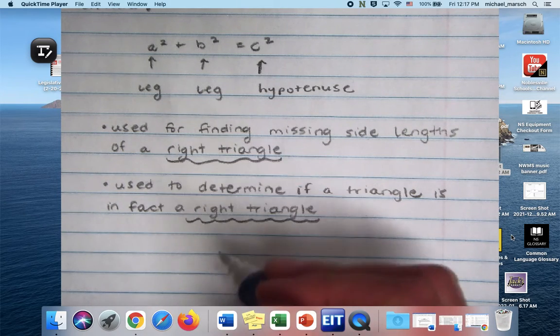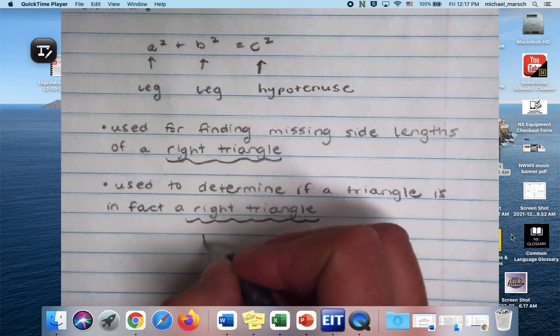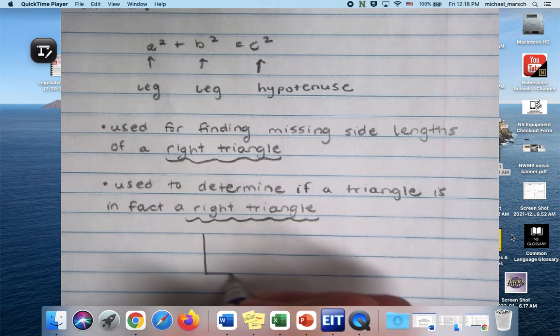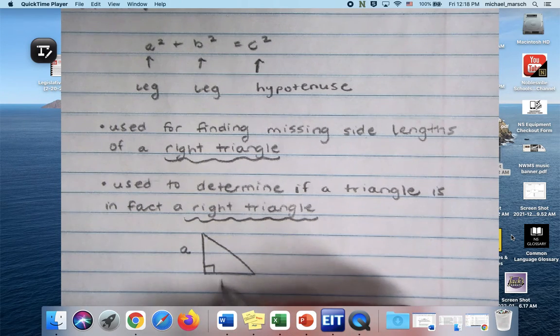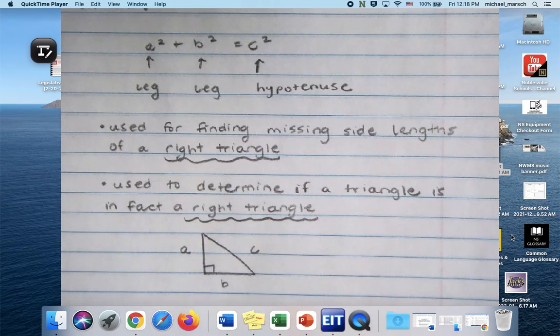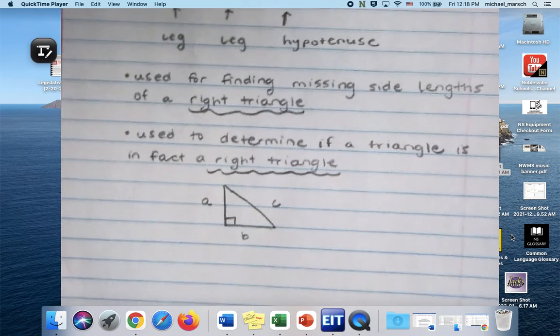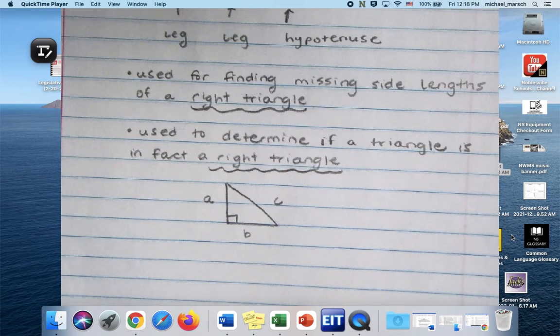Okay, so let's draw a picture. We have our legs that connect to make the right angle. We have our hypotenuse, which is the longest side of the right triangle.